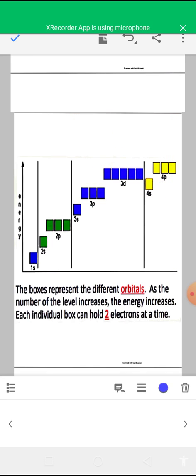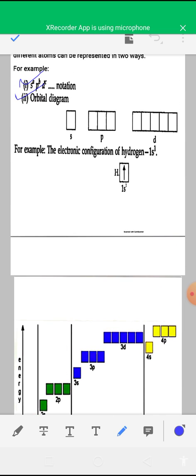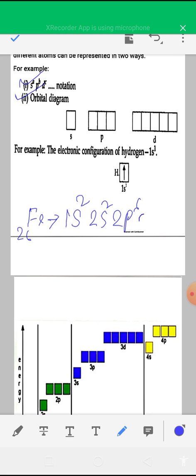For example, in the case of scandium, titanium, or iron, iron has atomic number 26. So in iron there are a total of 26 electrons. How to write the electronic configuration of iron? You have to arrange 26 electrons in different orbitals. In the 1s orbital 2 electrons, in 2s 2 electrons, in 2p 6 electrons, in 3s 2 electrons, and in 3p 6 electrons.